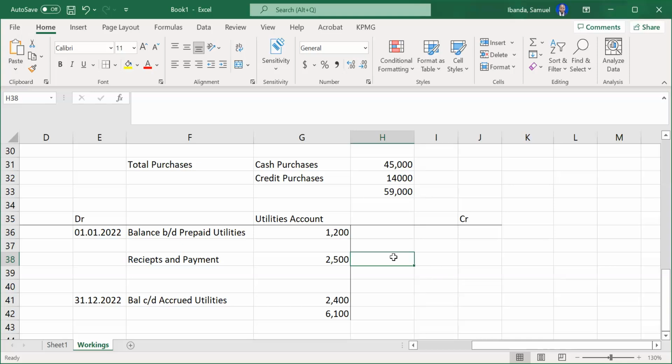For expense accounts, usually the expense recognized for the period is on the credit side. And why is it like that? These are prepaid utilities. You just ask yourself, what can reduce my prepaid utilities? It is actually a recognition of the expense for the period.